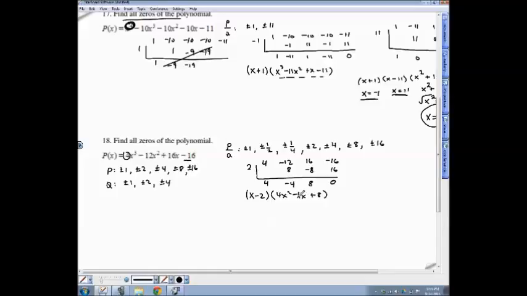So we use the quadratic formula. x equals the opposite of b plus or minus the square root of b squared minus 4 times a times c, all over 2a.